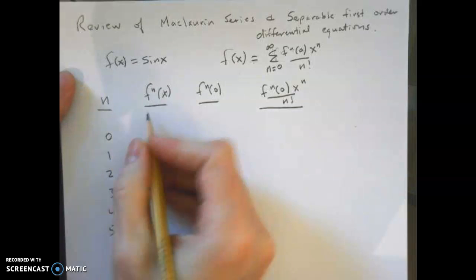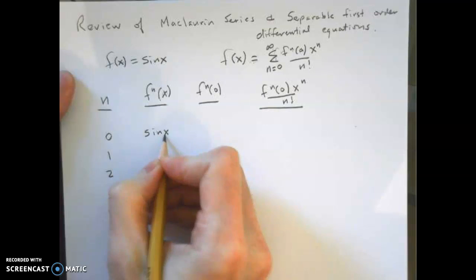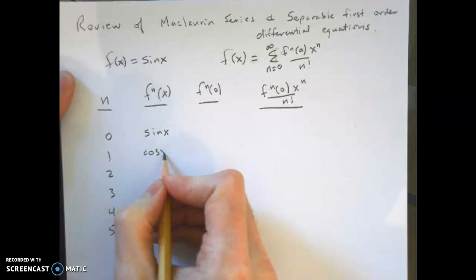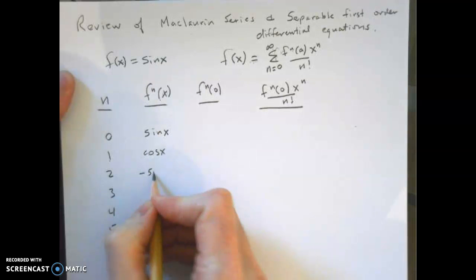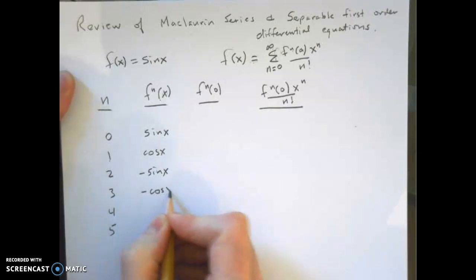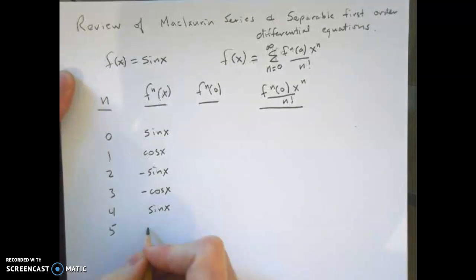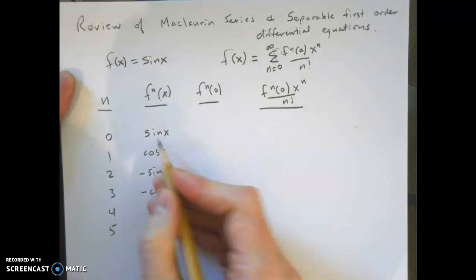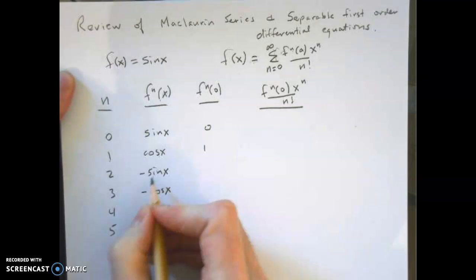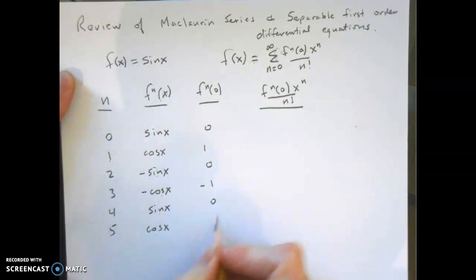The 0th derivative is just f of x, which is sine x. For n equals 1, the first derivative is cosine x. Second derivative, negative sine x. Third derivative, negative cosine x. The next derivative will be positive sine x, and then cosine x. Now evaluating these derivatives at 0, sine of 0 is 0, cosine of 0 is 1, sine of 0 is 0, negative cosine 0 is negative 1, then 0, and 1.